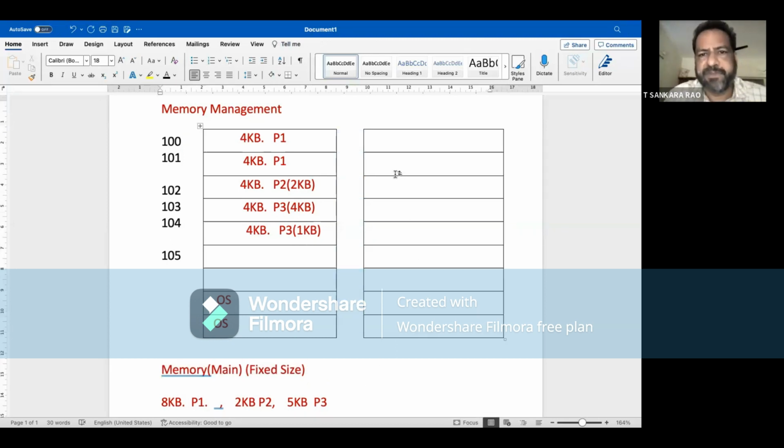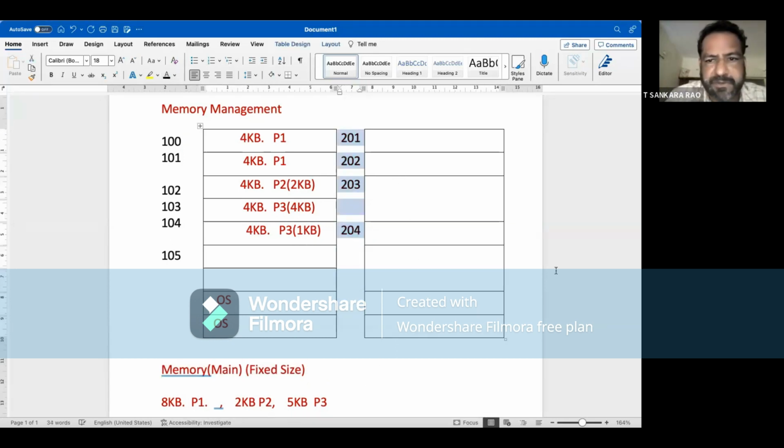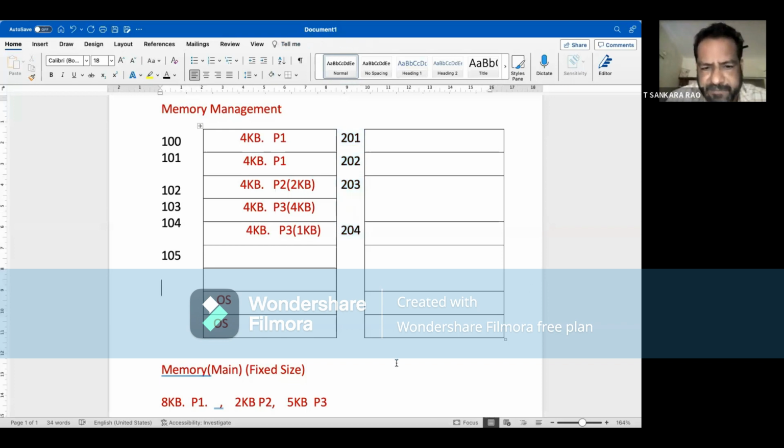So now look at the right side table, the main memory. How is it partitioned, fixed size or variable size? The right side memory.